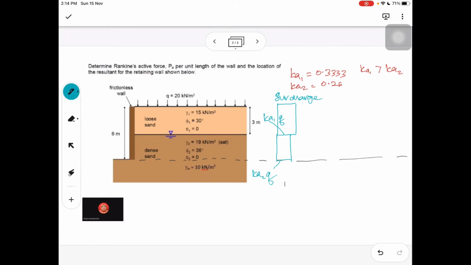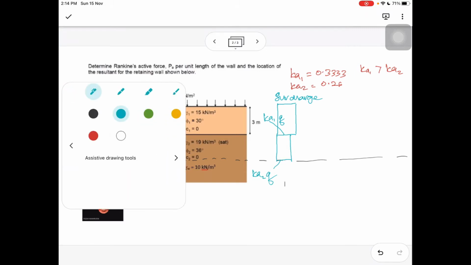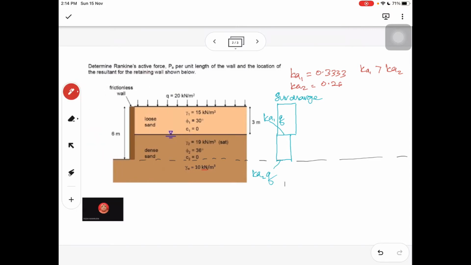Next we're going to sketch the soil. The soil is always triangular in shape. Why triangle? Because it depends on the vertical stress, and the vertical stress increases from the top to the bottom.